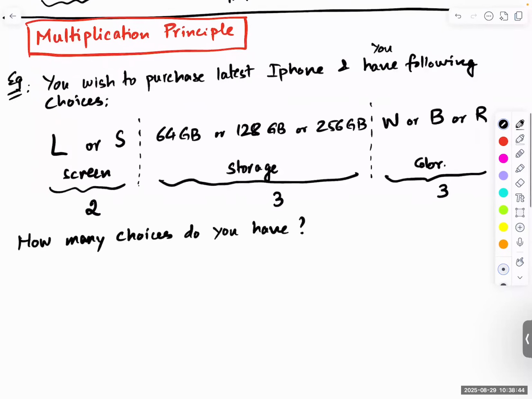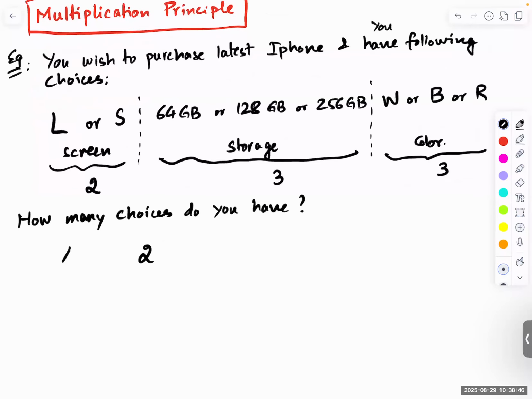Well, the answer is very simple. You take the number of choices for screen times the number of choices for storage times the number of choices for color, and you get a total of 18 choices. Okay, so that's the simple concept of the multiplication principle.